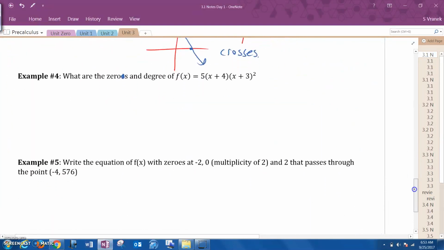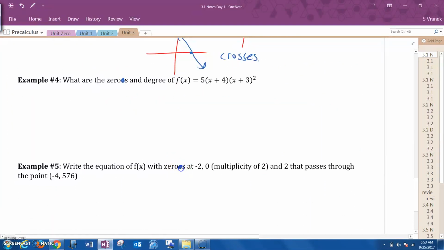Alright, what are the zeros and degree of that? Well, hopefully you see that the zeros are at -4, and it has a multiplicity of 1, so it crosses at -4, 0.